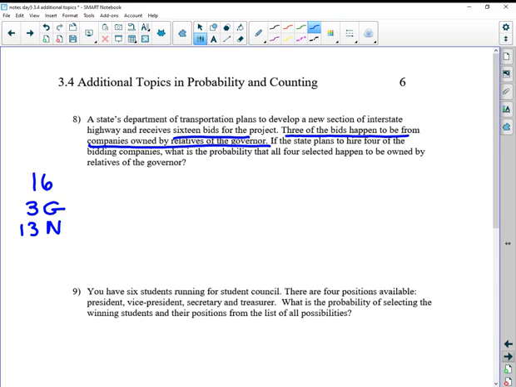How's that? Changing it up, keeping it fresh and exciting here. If the state plans to hire 4 of the bidding companies, what is the probability that all 4 selected happen to be owned by the relatives of the governor? Okay, will we put the bidding company back once we've selected them? No. So no replacement.